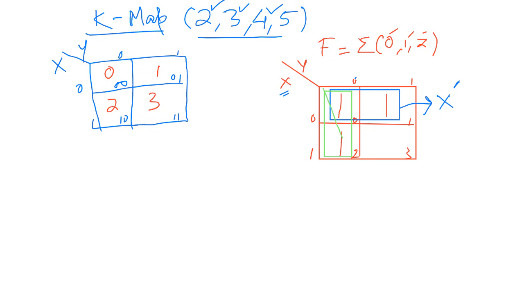If you see again, x has got both values 0 and 1, so we will neglect that. y has got 0, so dash. So your function can be written as x dash plus y dash. So this is the way we are going to represent. Yeah, all of you, is it making sense?